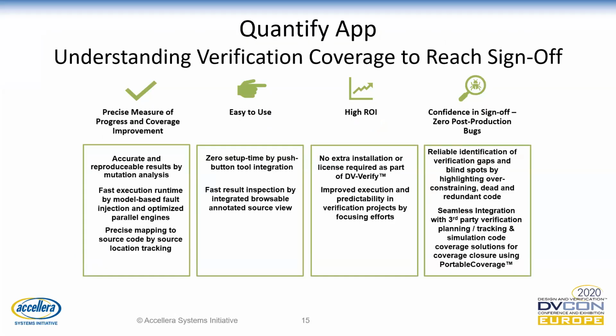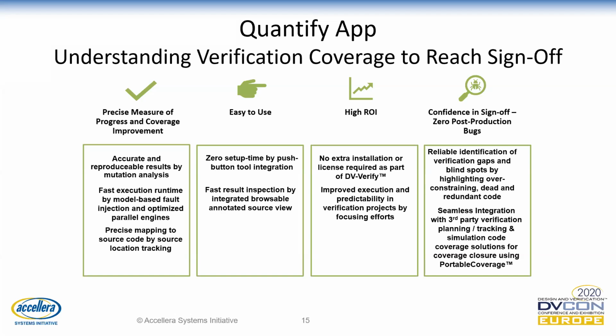So how Quantify understands this and manages to outclass and get rid of these issues, to make the most out of this. On the precision side, Quantify is providing accurate and reproducible results by mutation analysis.